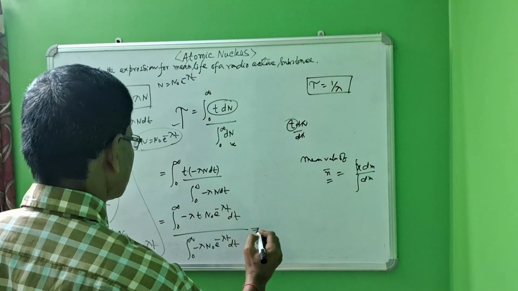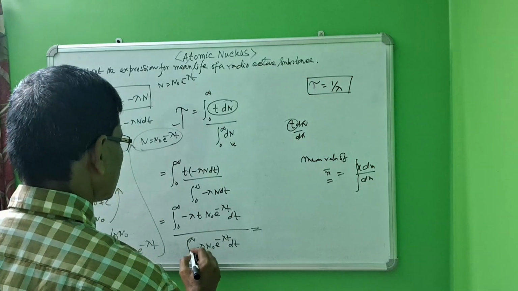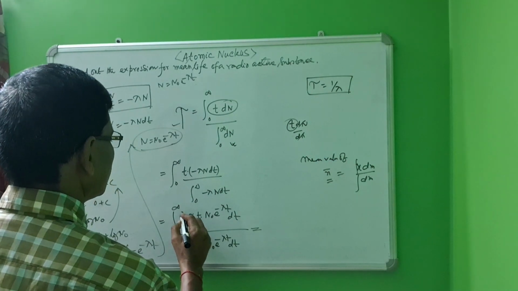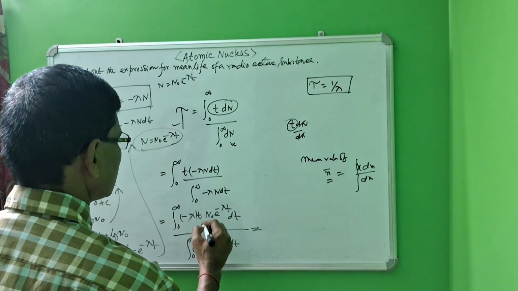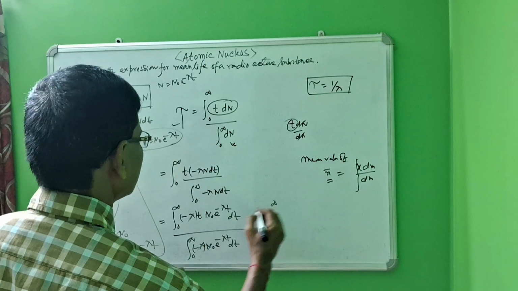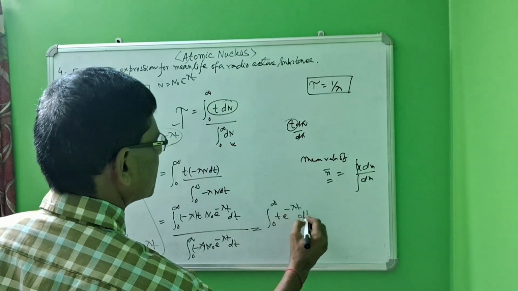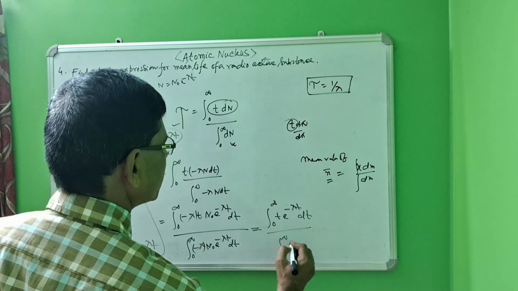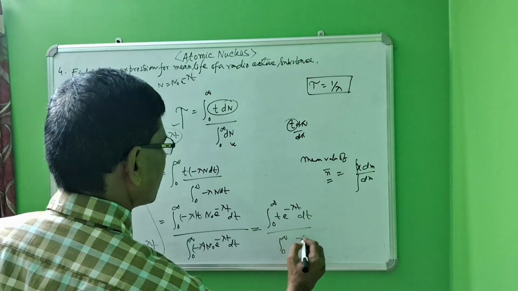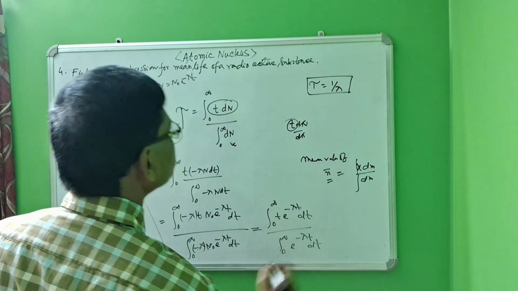So this equals minus lambda, N0 cutting out because it is constant, integral 0 to infinity t e to the power minus lambda t dt divided by integral 0 to infinity e to the power minus lambda t dt.